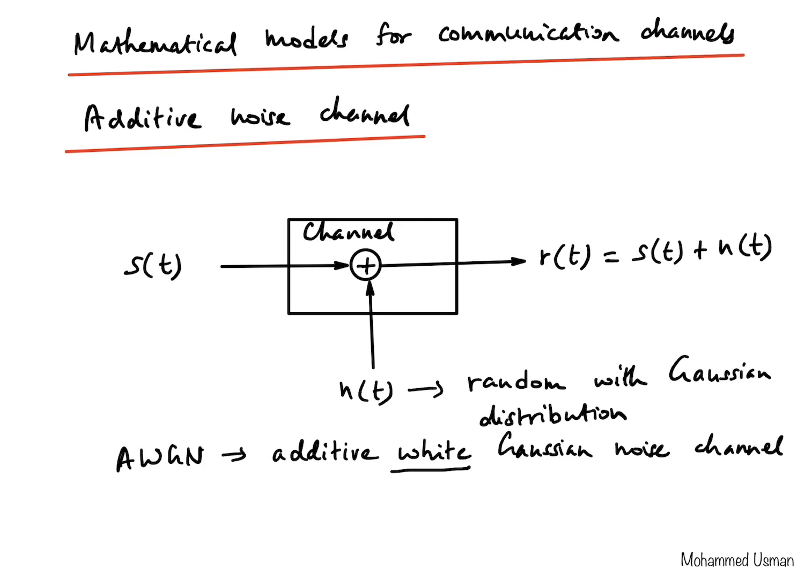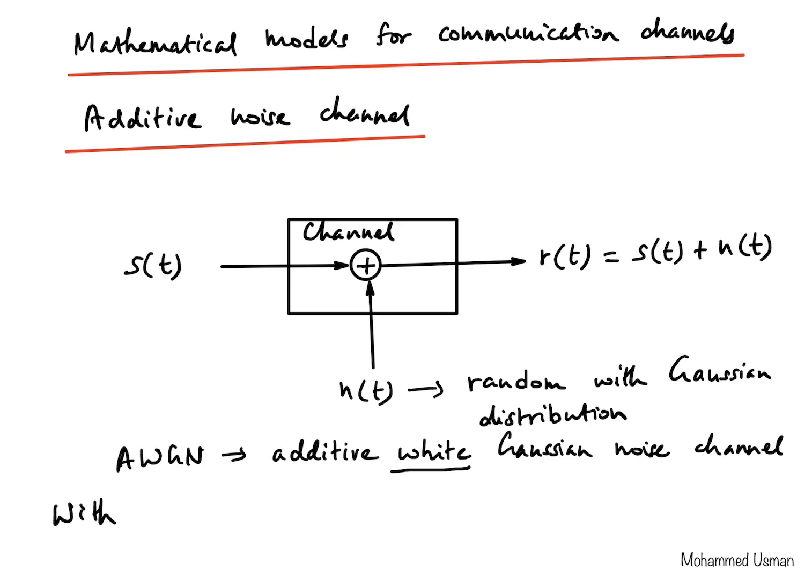Now in this mathematical model, if you want to incorporate the effect of attenuation, attenuation is basically the signal strength decaying with distance. So we just have to incorporate an attenuation factor into this equation to include the effect of attenuation.